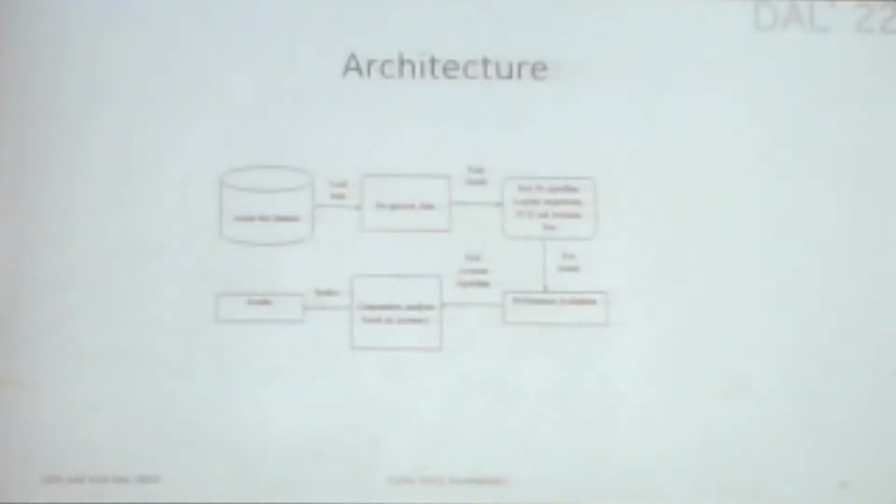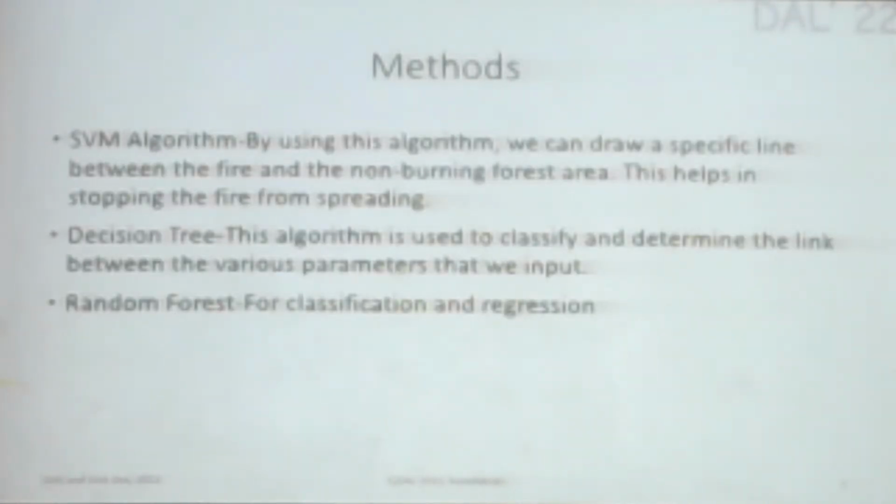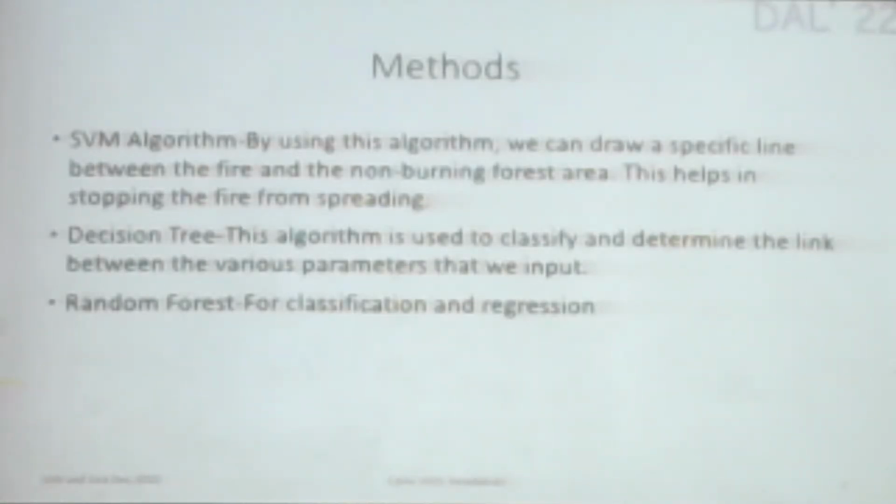and how we can try to tackle that. With a few of the methods, like the SVM algorithm, the outcome we got was that we can draw a specific line between the fire and non-burning forest area, which helps us point out the hot specific area on which we can concentrate more, compared to scattered areas.